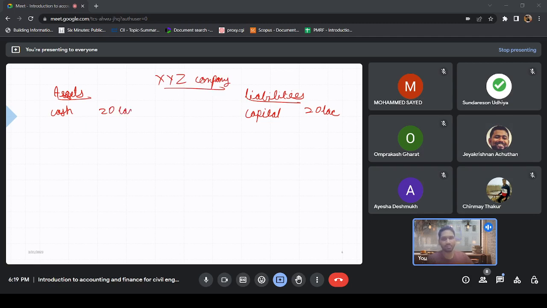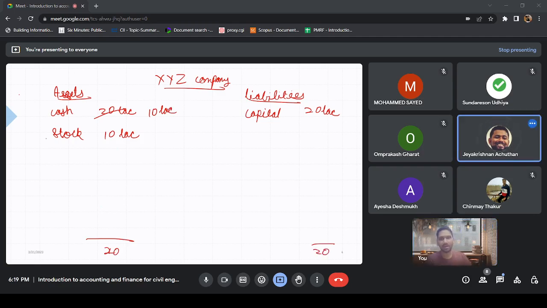Now, next day, what happens is you bought 10 lakh worth of stock. So, stock 10 lakh, your cash will reduce, right? So, your cash will now be 10 lakh. But if you balance this, it is again 20 lakh on the balance sheet.